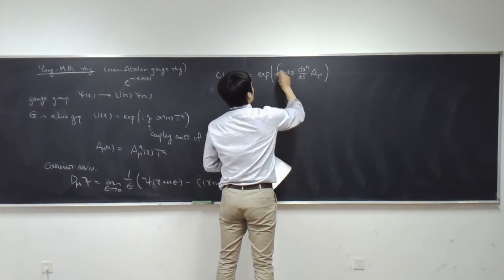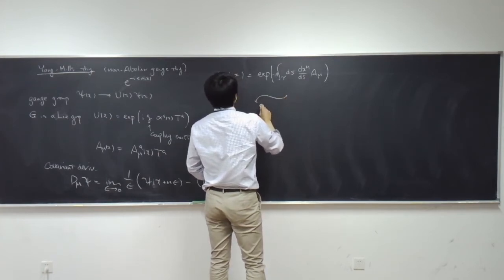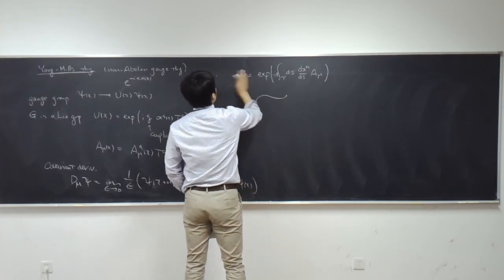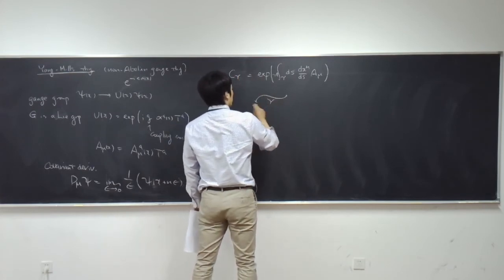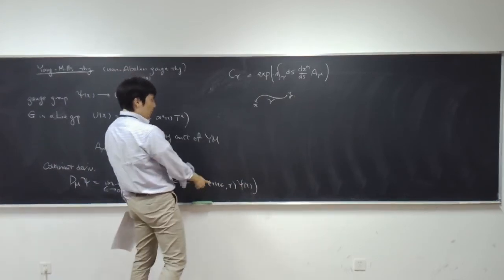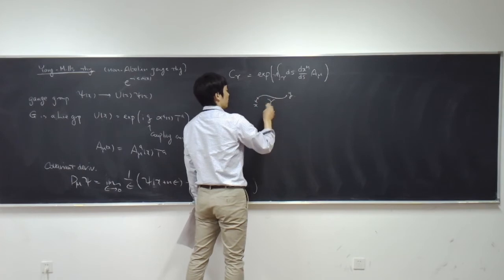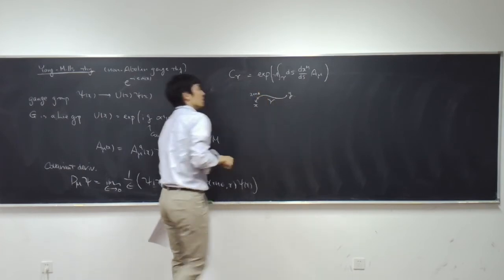Minus iE, where gamma is a path from x to y, so C of gamma depends on gamma. If this path is short enough, you can just go from x to x plus epsilon, so it's just a delta.